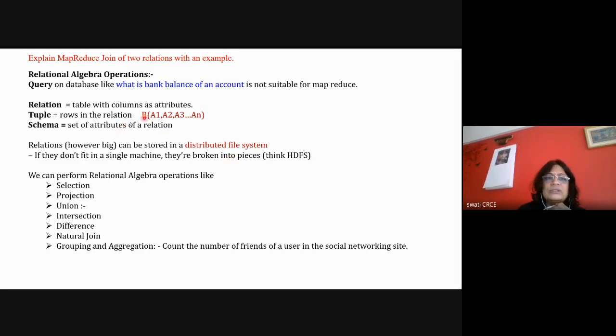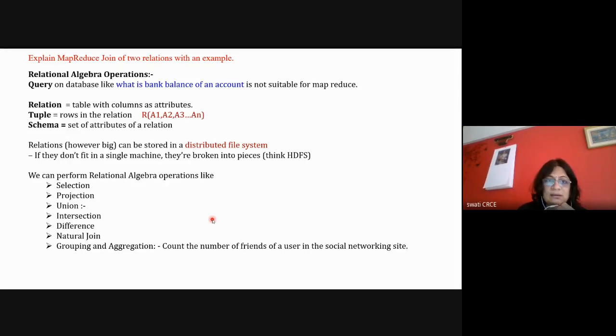In that relation's key value pair, your R indicates the name of the table, and inside the value you have a list of attributes. This list of attributes is nothing but the column values of your table for that particular record. So one relation indicates one row. Unless you understand this properly, you will not be able to understand the algorithm.